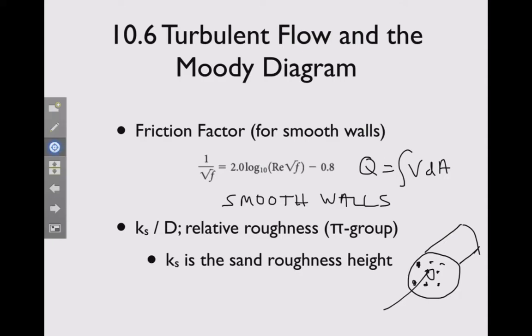You can see that K sub s is called the sand roughness height, so it's an indication of what the heights of these grains are.